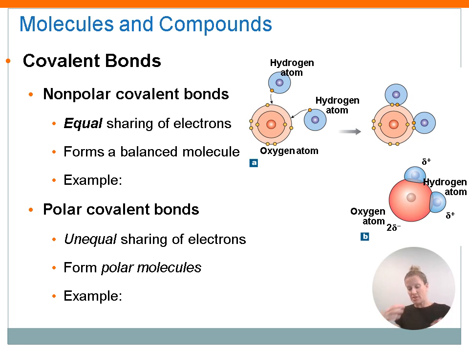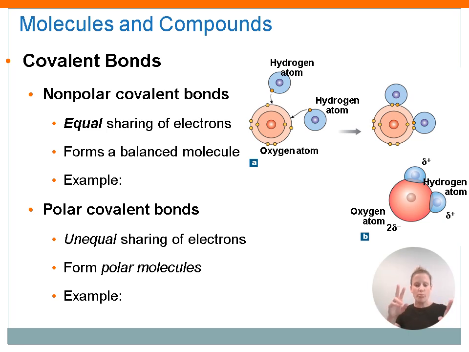So those electrons spend way more time with that atom than they do with the other. Right? So that creates a molecule that's not balanced any longer because those electrons are negative. So those negative charges spend way more time over here and not very much over here.